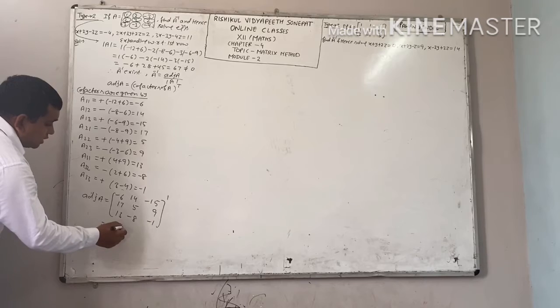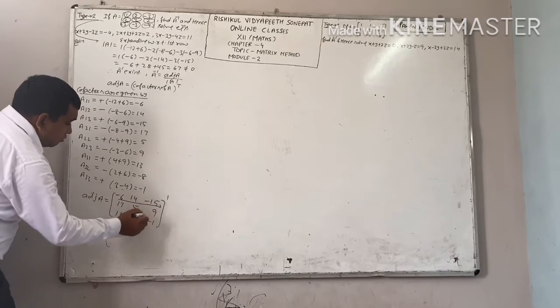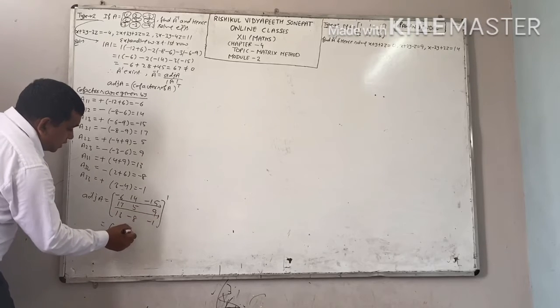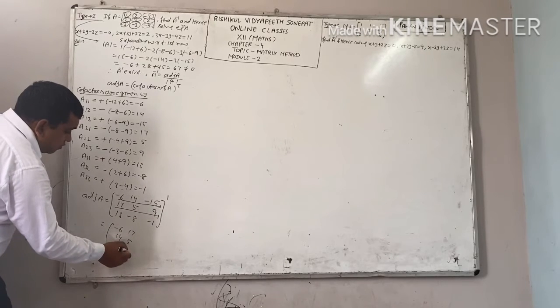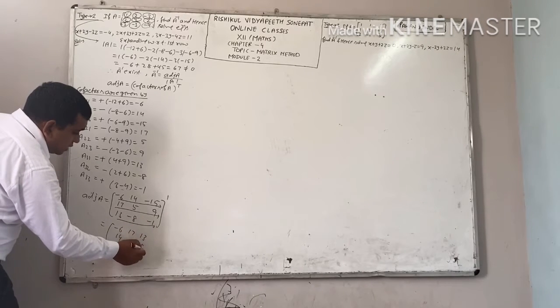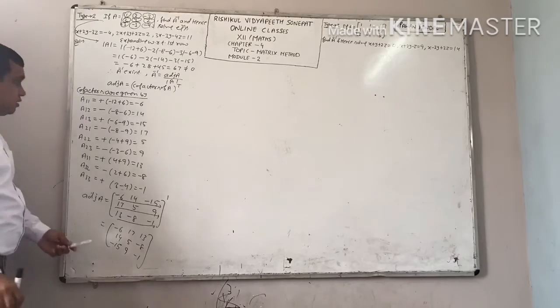This is your minus 6, interchange rows and columns: minus 6, 14, minus 15, this is your second row. 17, write down in second column, 5, 9, third row, write down in third column, 13, minus 8, minus 1. This is your adjoint of A.